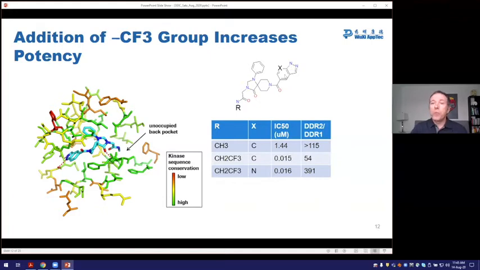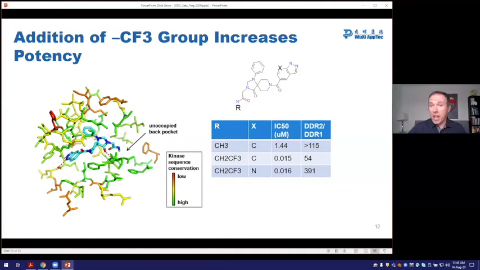We also knew from previous structures that we had worked with that there was a good chance that we could convert the carbon here to something else and maintain its potency. And indeed, we found that the potency was maintained, but the selectivity was now 400-fold for DDR1 over DDR2.